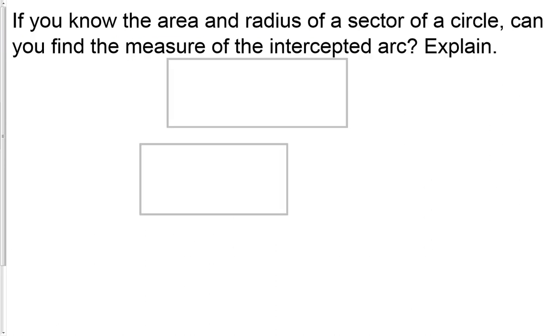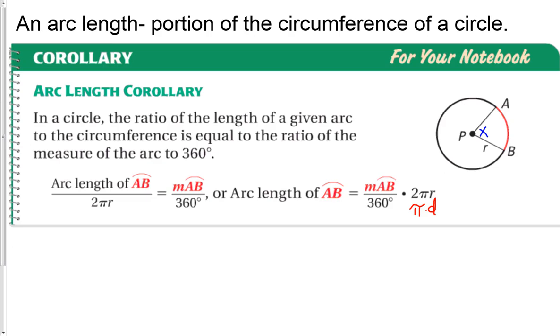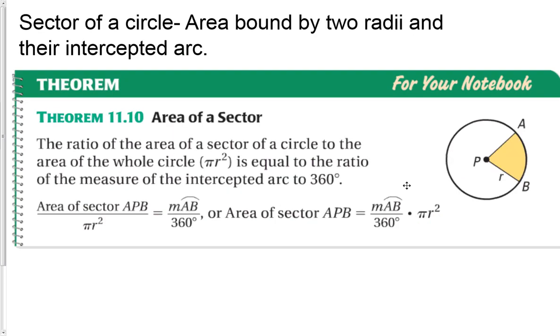Next, if you know the area and radius of a sector of a circle, can you find the measure of the intercepted arc? So think about that for a moment. And so the answer is, right, we're looking for the measure of the arc if we're given the area of the sector of a circle and radius. Okay, if we have the radius, we can find the total area, right? So remember the formula we went over before, back here, right? We're solving for this piece, and we have this piece and radius.